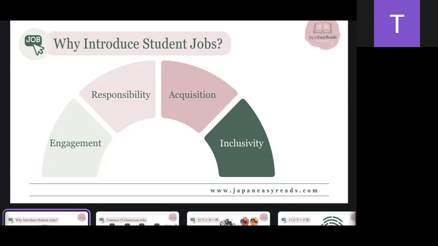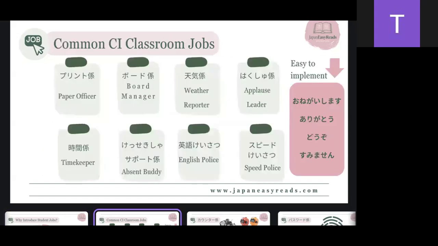So we'll have a look at some of these. There are numerous different types of student jobs that you can implement into your classroom, but here are a handful of the ones that I have used over the years. You'll find that some of these will work really well for you.